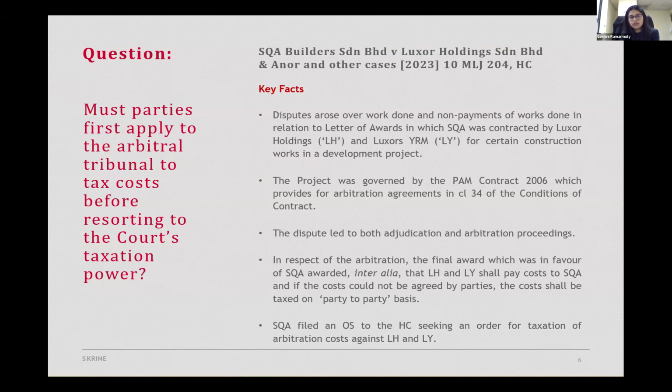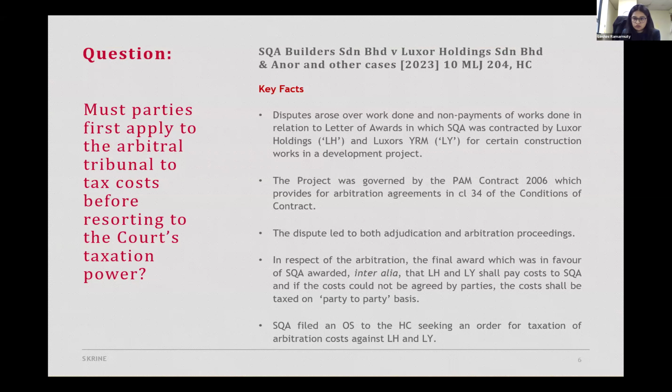Disputes arose between parties in relation to the work done and non-payment, which then led to arbitration and adjudication proceedings. In the arbitration proceedings, the arbitrator allowed the claims in part and further directed LH and LY to pay costs to SQA.